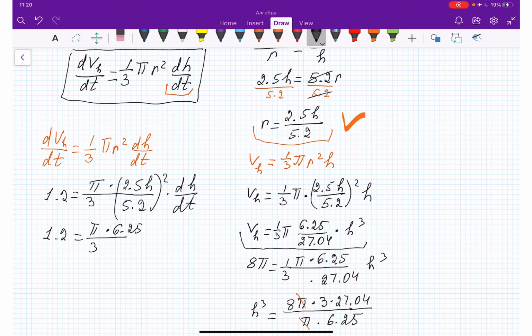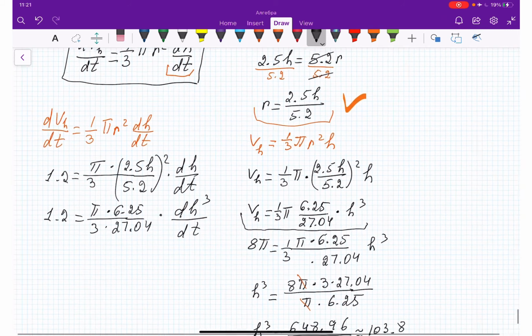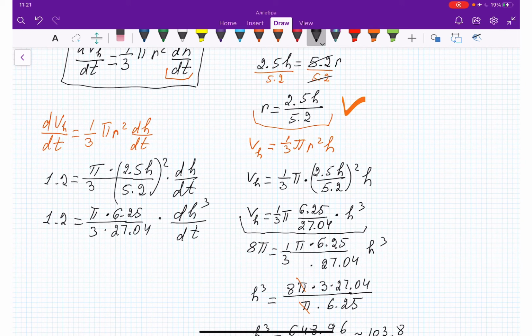And 5.2 squared is 27.04. And this h squared I have is going to get here, d h cubed with this h by dt, right? So from here, we are going to take the derivative, d h cubed by dt.